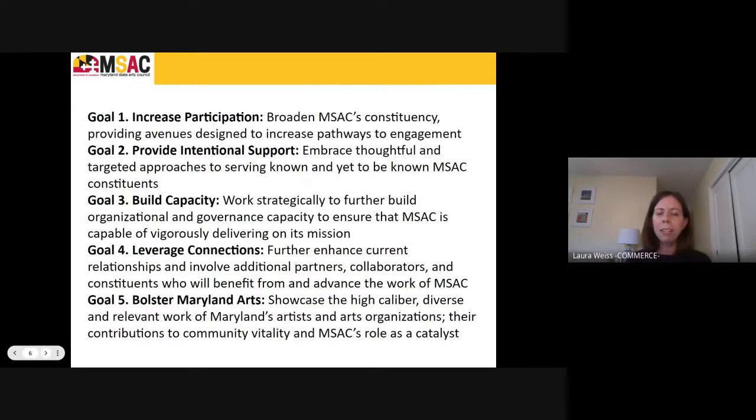The Maryland State Arts Council has 5 goals associated with our current strategic plan: increase participation, provide intentional support, build capacity, leverage connections, and bolster Maryland arts. And today, this session is really honing in on goal 2, which is to provide intentional support.